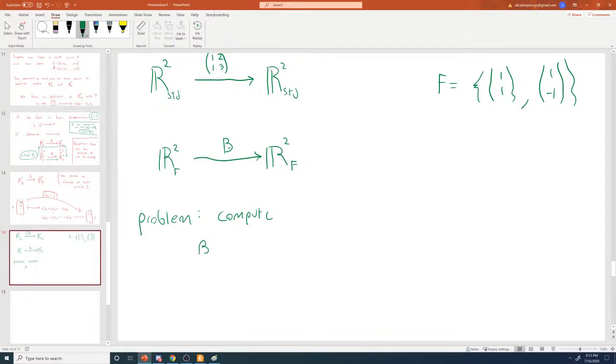It turns out that this is really easy here because we're using the standard basis, and changing from an arbitrary basis to the standard basis is actually really easy.